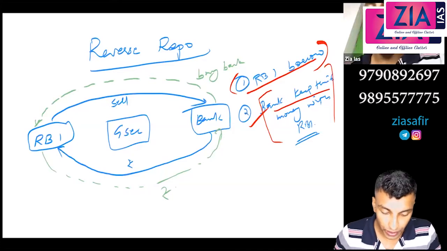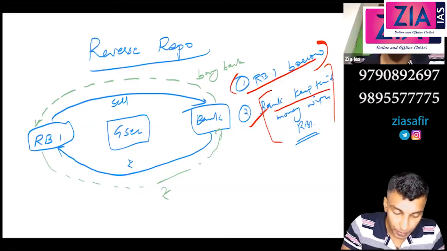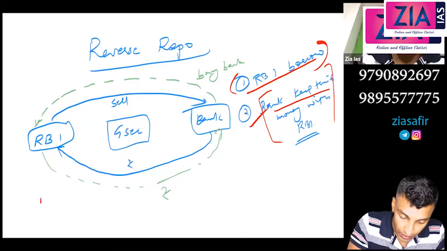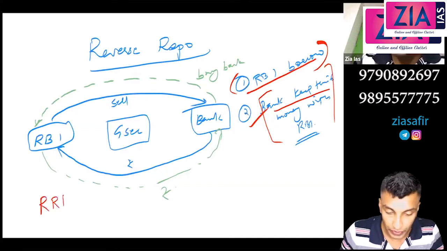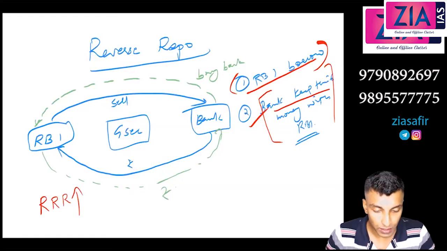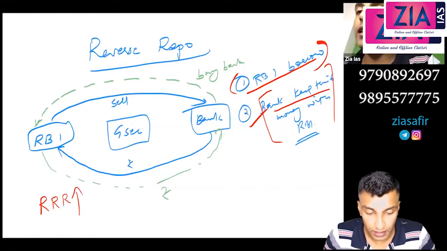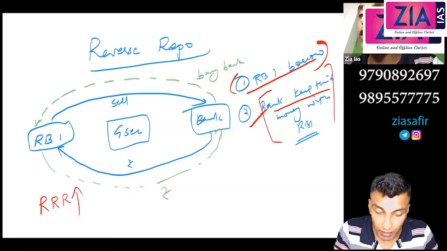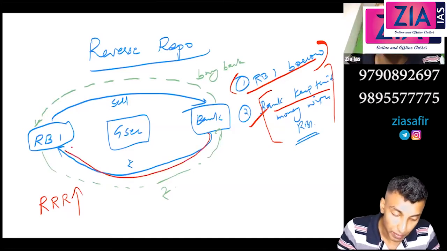Now, what will happen if the reverse repo rate is increasing? Money supply will reduce. Why? Because banks are getting more interest if they keep money with RBI, so banks will be motivated to give money to RBI.